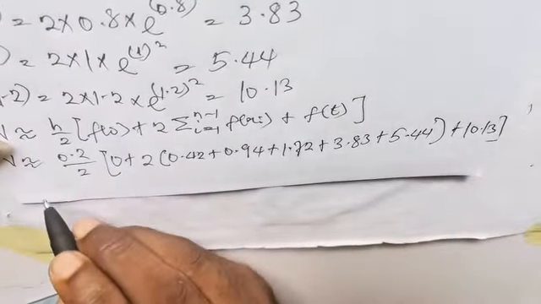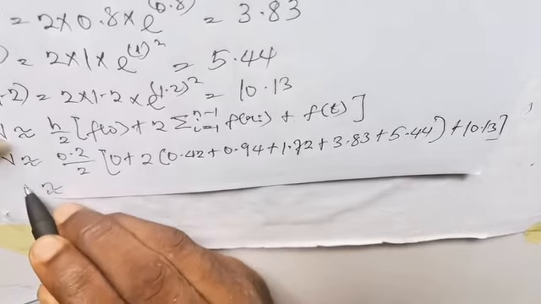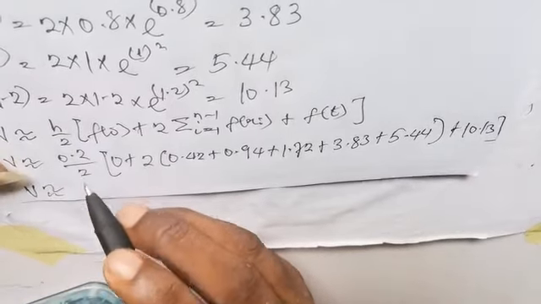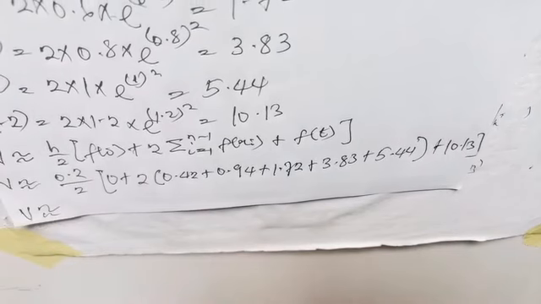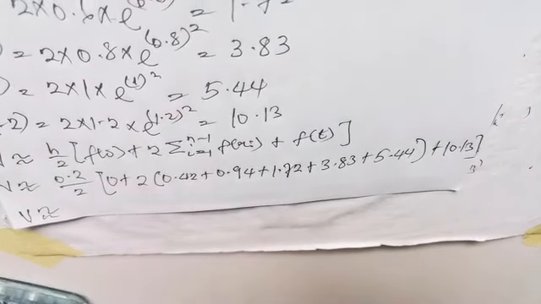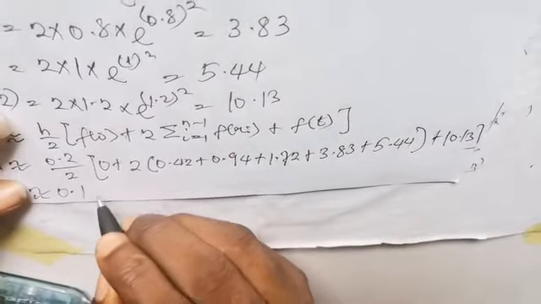Let's compute all of this. The velocity is equivalent to 0.2 divided by 2, which gives 0.1.